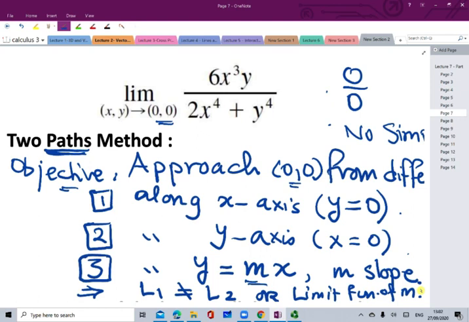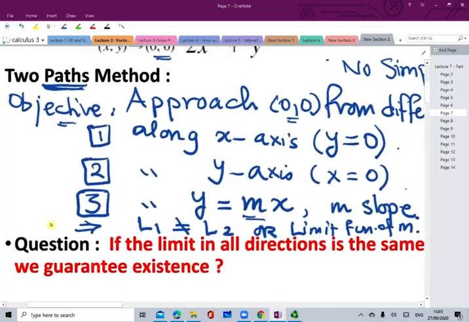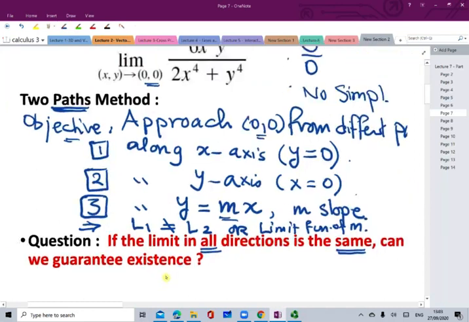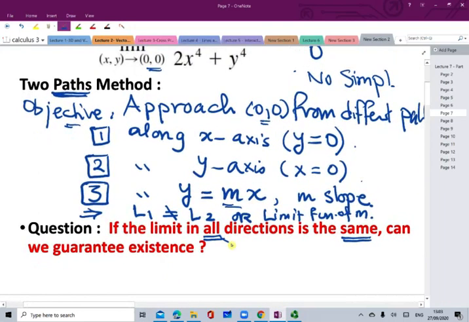So what if I've done the work along different paths and I end up with equal and the same limits? What if the limit in all directions is the same? Do we guarantee existence? To be very specific, for the selected directions you've done, if the limit is the same, can we guarantee existence?